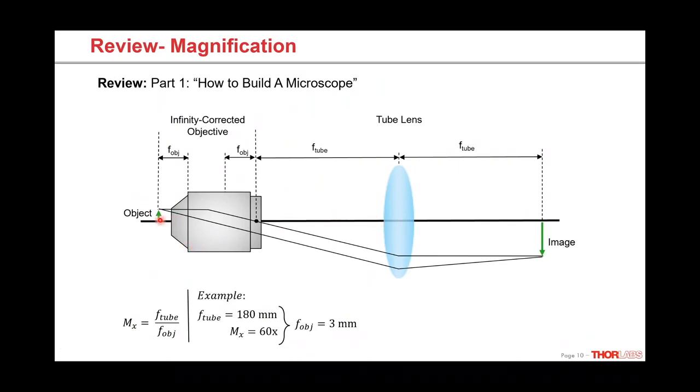The magnification of the object to the image plane is a ratio of the tube lens effective focal length divided by the objective effective focal length. So in this case, the tube lens is 180 millimeter effective focal length. The objective has a 3 millimeter effective focal length, and therefore the magnification is 60 times.